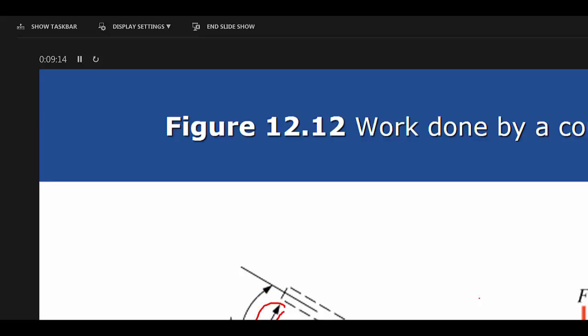I don't know why it has to be a c instead of an r, but whatever, I didn't make that rule up. So you find out that the torque is 27,600 pound-inches.